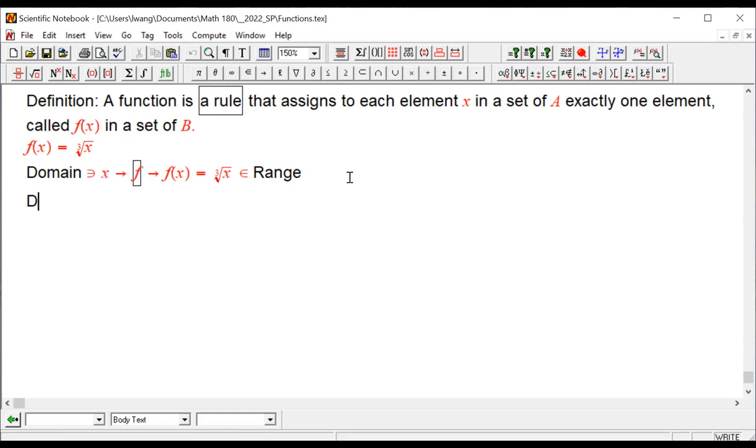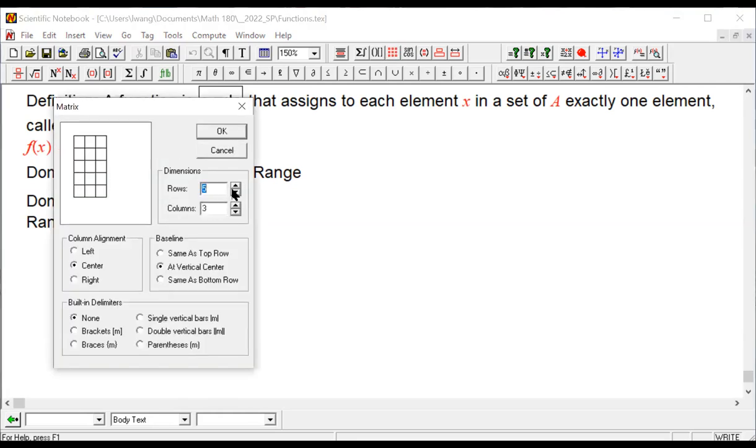So let's see what the domain is and what the range is. Because we are considering real numbers, you will naturally think, let me try some negative number, let me try some positive number, let me try 0. So we're going to make a table. Let me increase the number of rows.